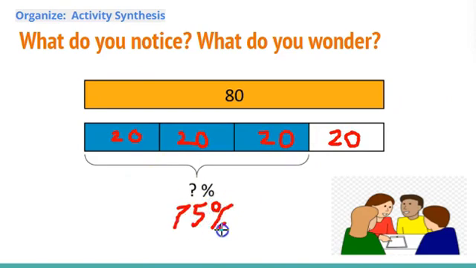And what is 75% of that 80? 60. How do I know that? Well, I've got 3 parts here, and they make 60 altogether, because the 80 is broken into 4 equal parts at 20 each, which gives us 60 there.